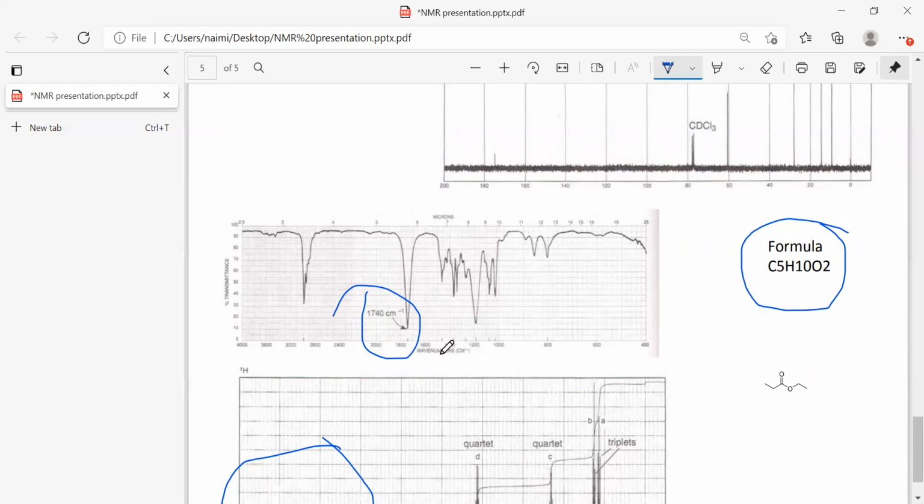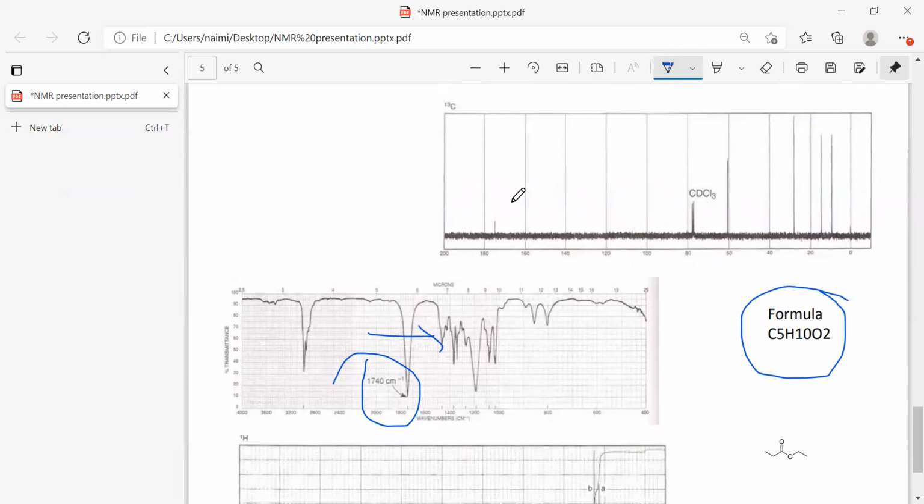So it also identifies that there will be an ester bond, and this is the ester COO at 170.